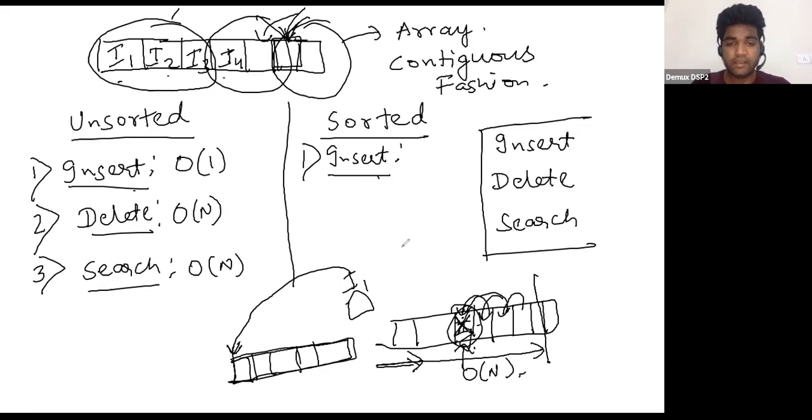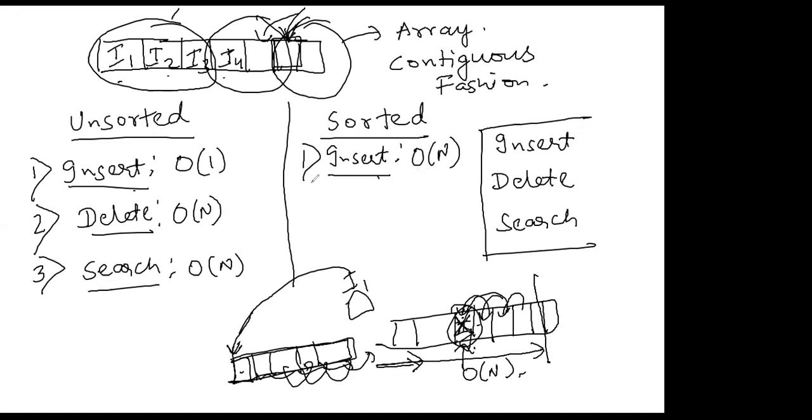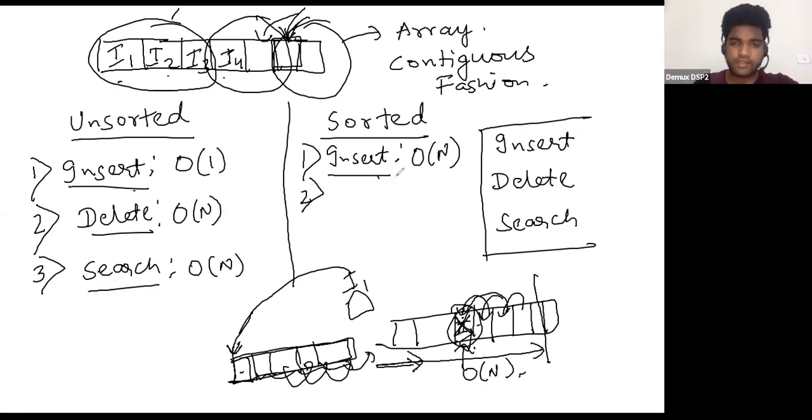What you will have to do is move all the other elements one place to the right, and then you can insert it here. Why is it order log n? Sorry, sir, in a linked list, no, O of log n won't be there actually. Yeah, it will be order n for inserting. The major overhead is because you have to store elements in a contiguous fashion, so you will have to move the elements which are adjacent to it.